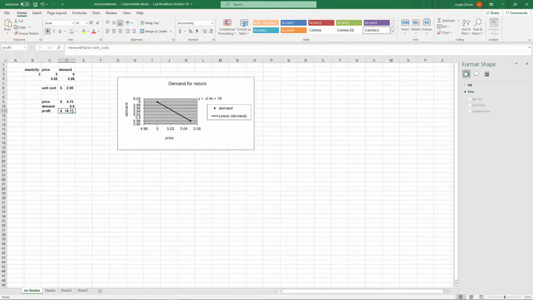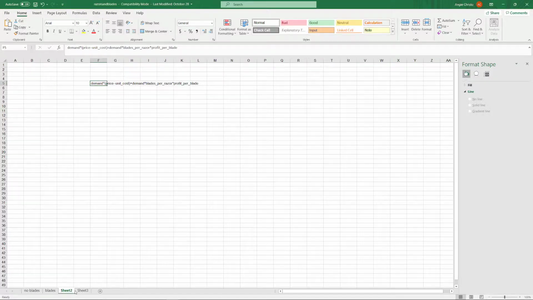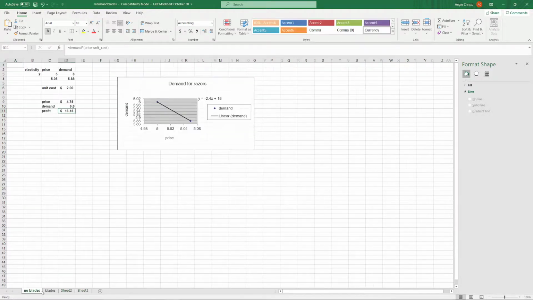All right. So we said our profit should be what? The demand times price minus unit cost. I have this right here.